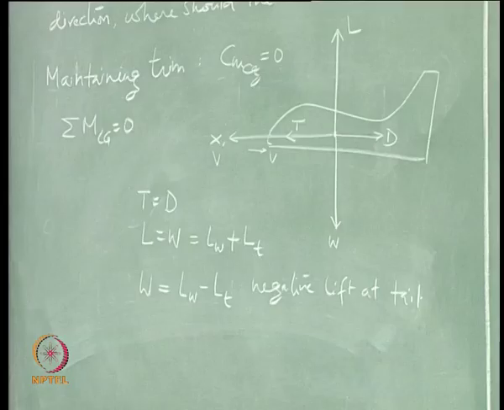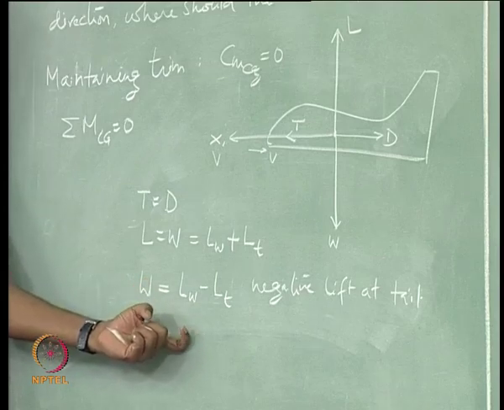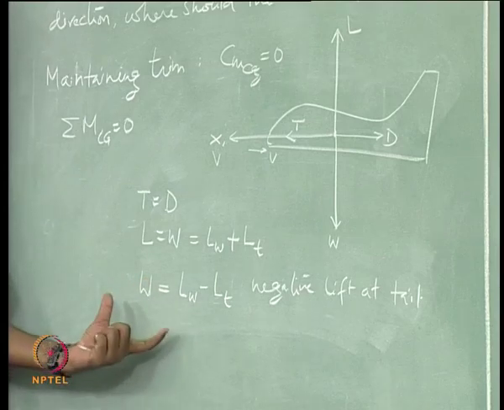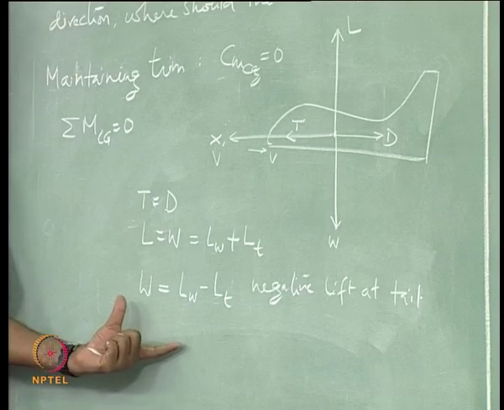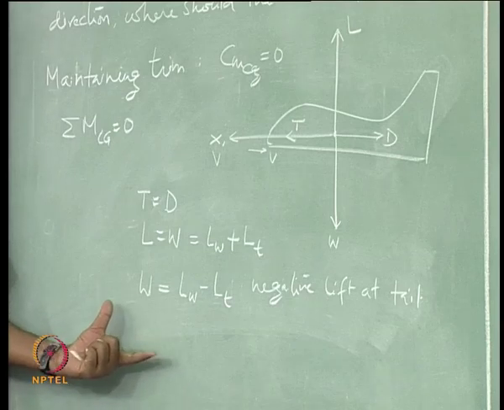So, when you are producing negative lift at the tail, still you have to ensure that this condition is satisfied, isn't it? This has to be satisfied to maintain the equilibrium.